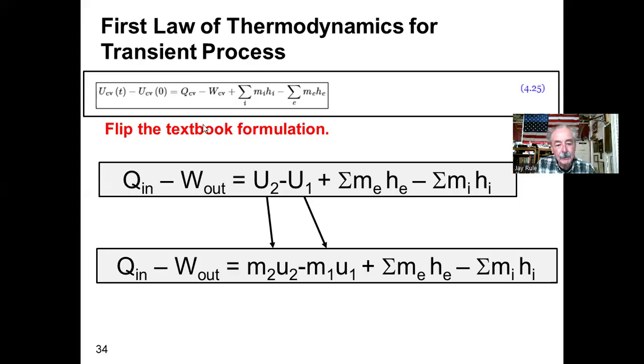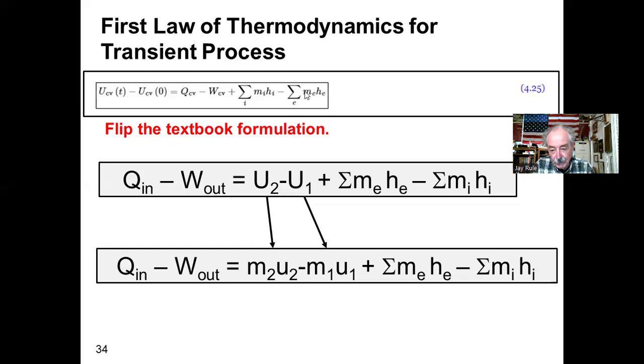All right. So you can kind of think about moving this around. However, on the right, this will become the right-hand side of the equation. This is capital U2 minus capital U1, the total internal energy at the ending state minus the internal energy of the system at the beginning state. Now, I've got to flip these terms around over to the other side.